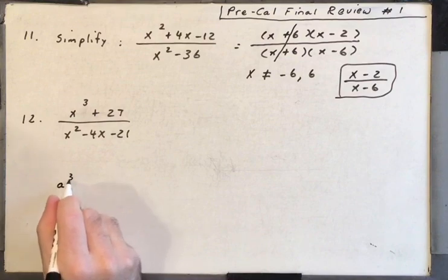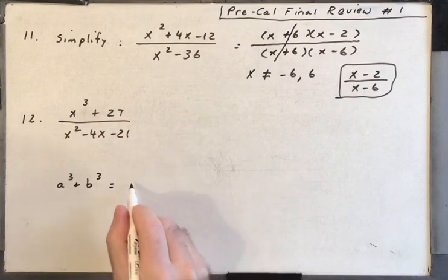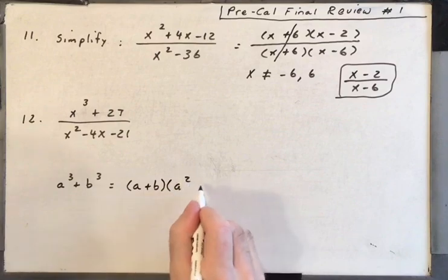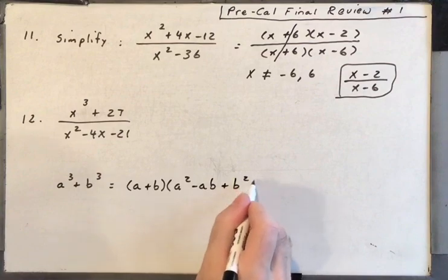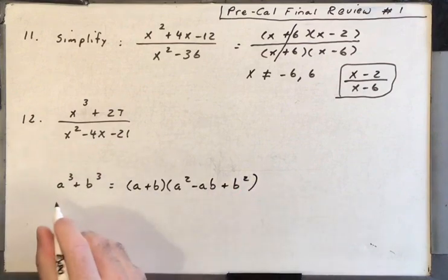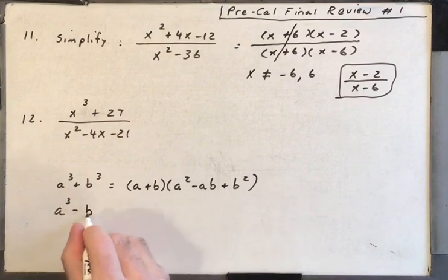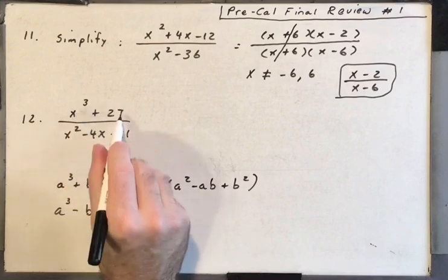A cubed plus b cubed factors into a plus b times a squared minus ab plus b squared. If you know where this is in your notebook, you don't have to memorize it. If you have the difference of two perfect cubes, and again, 27 is a perfect cube, x is a perfect cube.